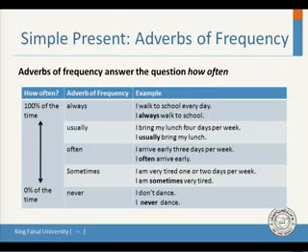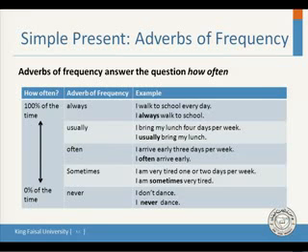I bring my lunch 4 days per week. I go to school 5 days a week, but on 4 days I take a sandwich, I take my lunch with me. So I usually, not always, bring my lunch, because it's 4 out of 5 days.